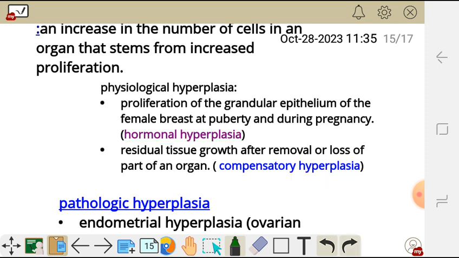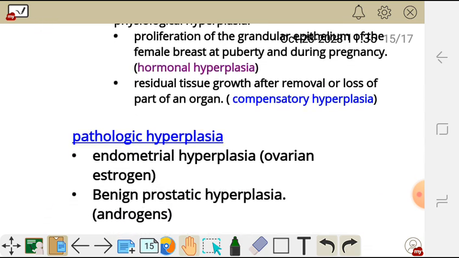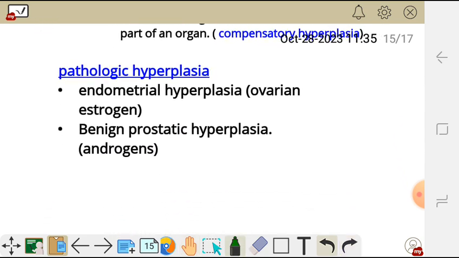Then from there, hyperplasia can also be pathologic. And examples of pathologic hyperplasia, here we are talking about endometrial hyperplasia. The lining of the uterus, which we call the endometrium, increases in the number of cells there after the menstruation period.